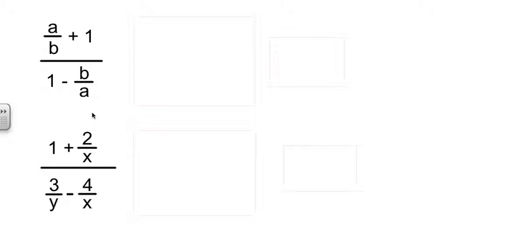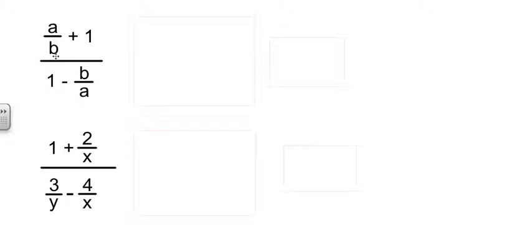Now, one more idea. We have to re-examine the idea of the complex fractions. There are multiple ways of dealing with these when there's addition and subtraction going on. The method I like the best is to get everybody to the same common denominator.